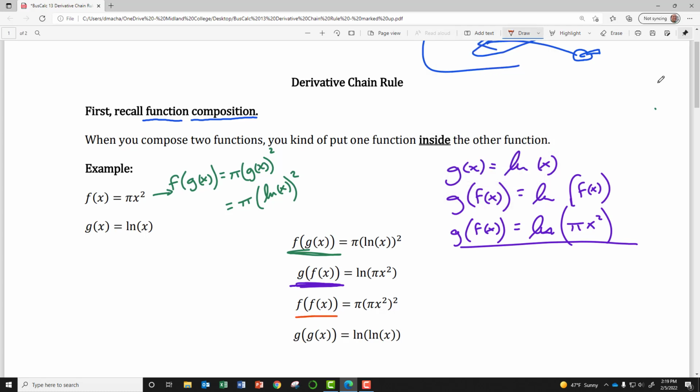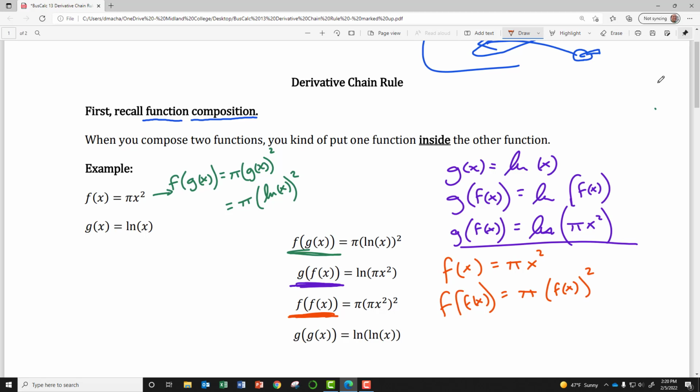And a couple more. If I compose f with itself, so I let f both be the turkey and the chicken, then we write f of f of x as pi times, and then instead of x squared, I'm going to write f of x squared, right?